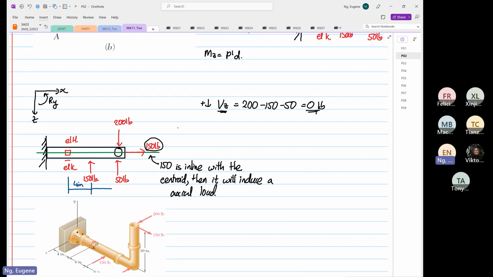We also know that this distance from here to here is 6 inches. So now we're going to take the moment from the element. I repeat again, we're going to take the moment from the element.